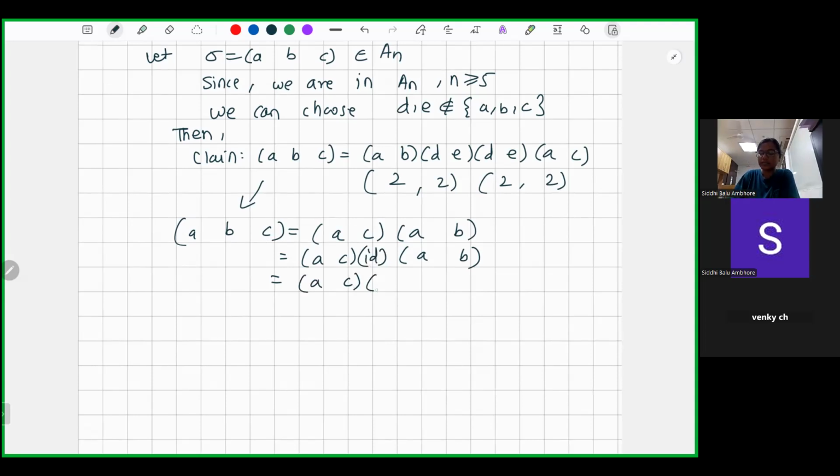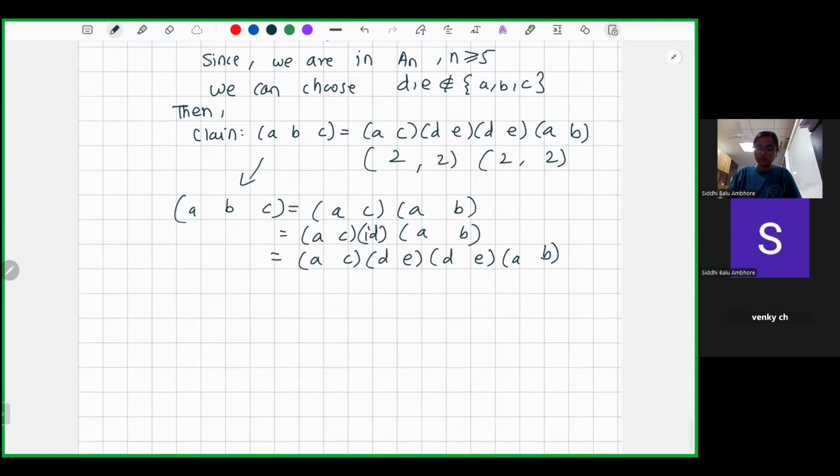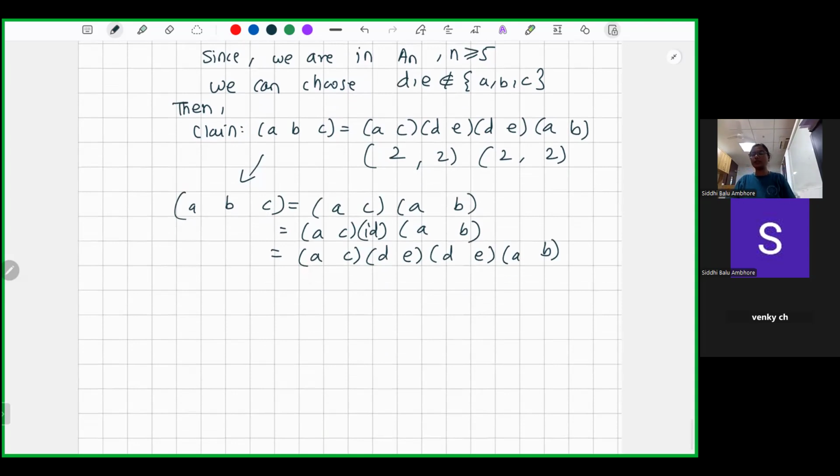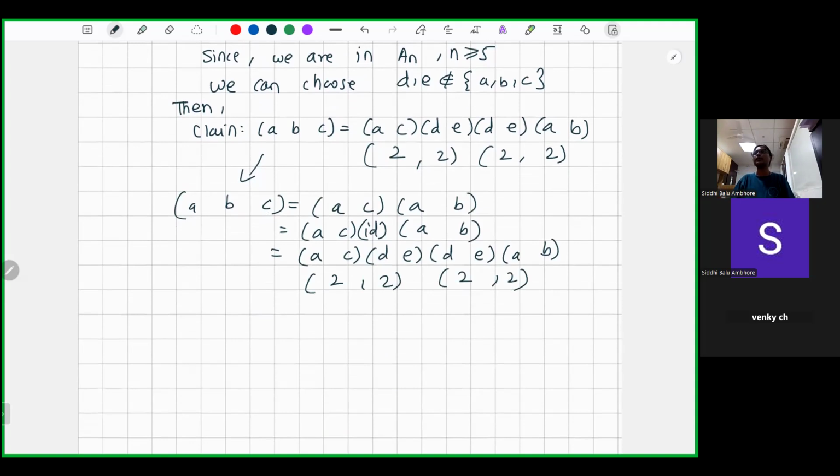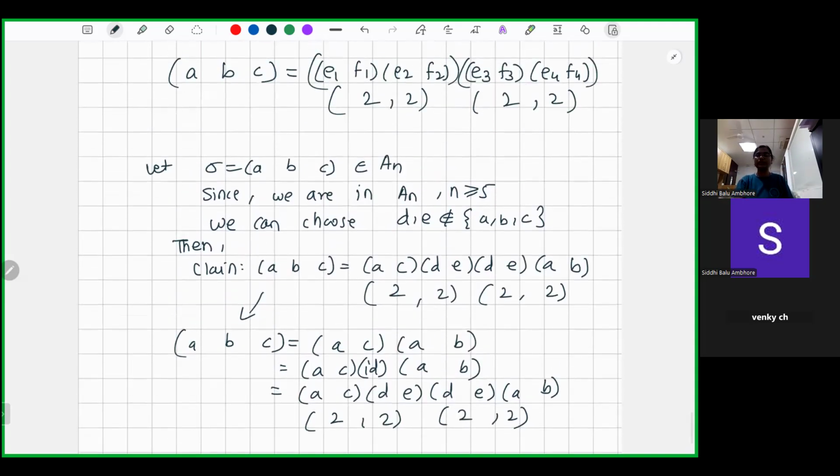So this is (A C), this is (D E), this is (D E), and this is (A B). I think I made a mistake here: this will be (A C) and this will be (A B). And that's it. Now this is a 2-2 cycle and this is a 2-2 cycle. So this was quite easy. We just had to insert this (D E) here to write that expression.